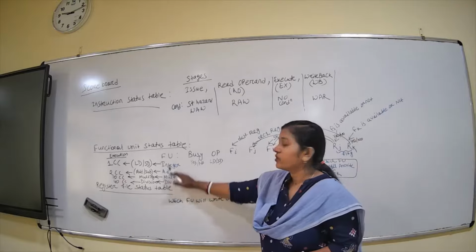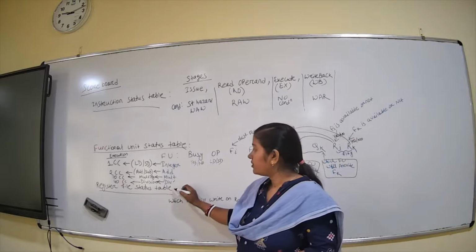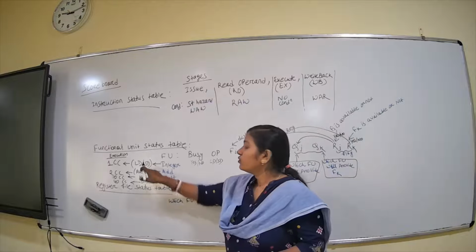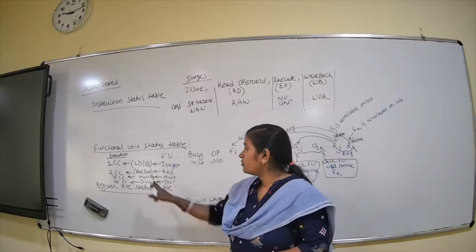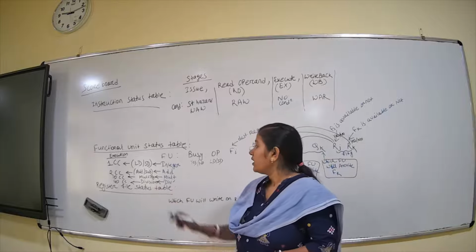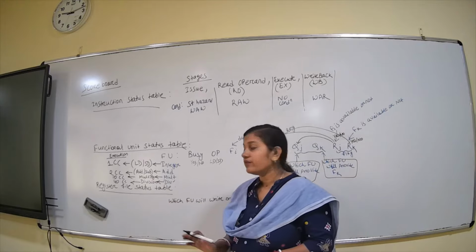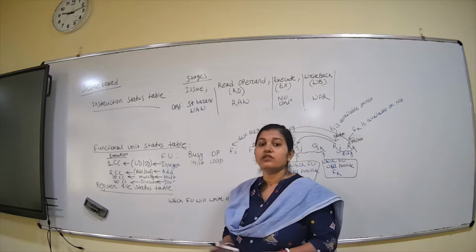Now, what functional units are there in the scoreboard? Integer, add, multiply, division. In the integer functional unit, we can do load and store operations. In the add functional unit, we can do add or subtract. In the multiply functional unit, we can only do multiply. In the division functional unit, we do the division operation.